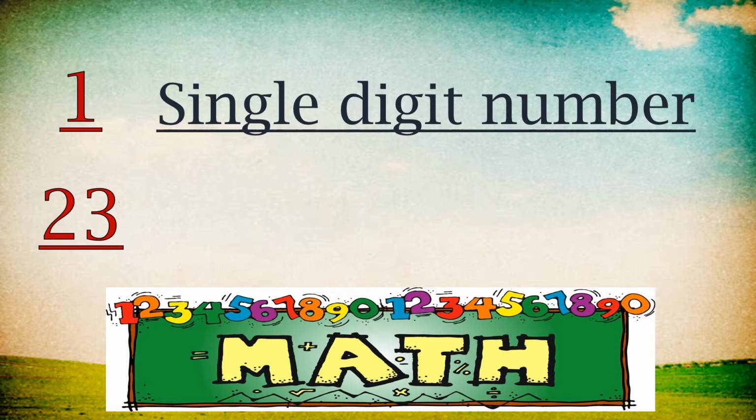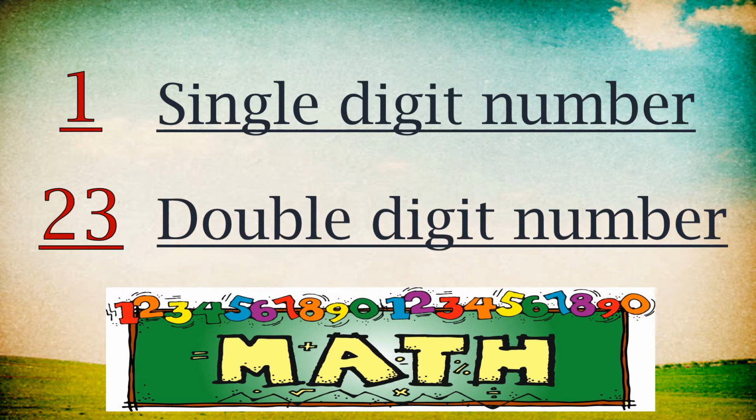There's 2 and 3, and it's called a double digit number. When you say double, it's 2. Two-digit number. All right? So 2 and 3. 2 is tens, 3 is ones. Okay? Now let's continue in writing numbers into words.